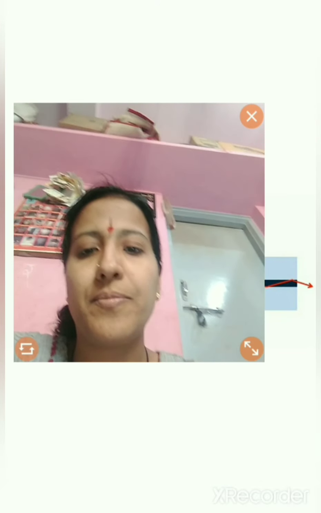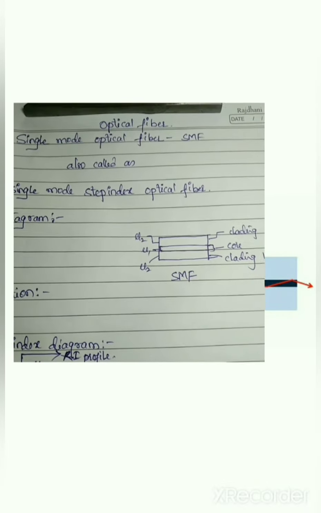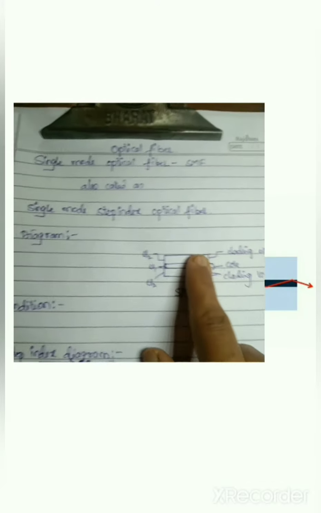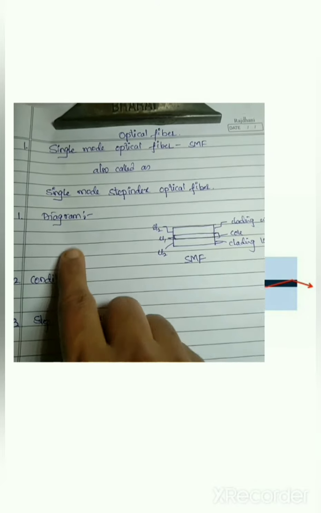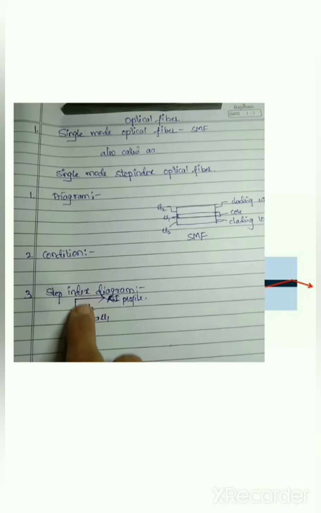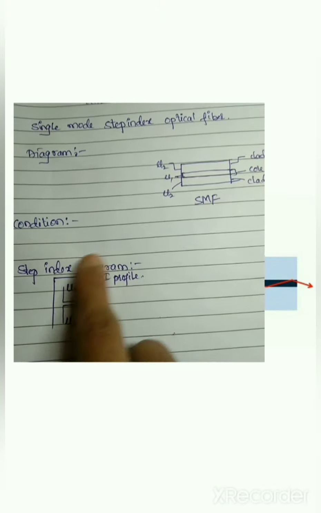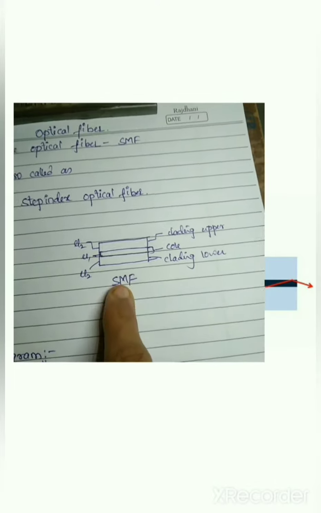With the help of a small SMF optical fiber, I will help you with 3 points. First point is the diagram, second point is the condition, and third point is to understand the step index diagram completely.